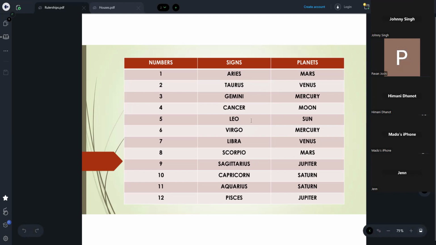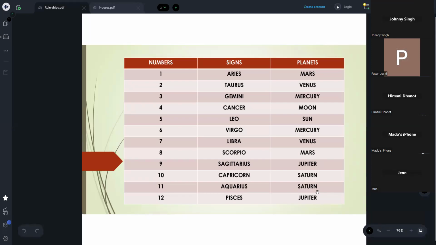Sun and Moon are the only luminaries that are given only 1 sign each. And Jupiter, if you go down the list, is given number 9 and number 12, which is Sagittarius and Pisces. Saturn is given 10 and 11.